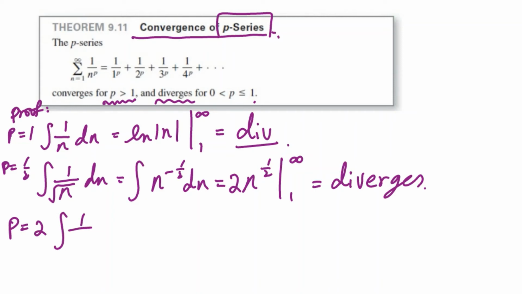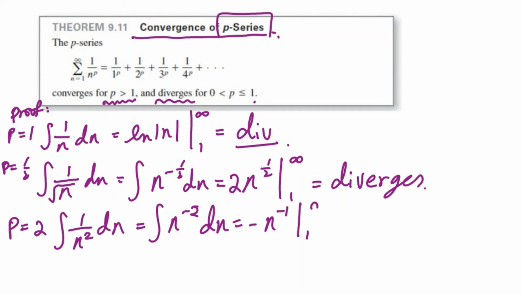So I can have 1 over n squared, that's n to the negative 2 power. We can evaluate this integral. That's n to the negative 1 with a negative sign in front. Let me rewrite it: negative 1 over n, from 1 to infinity.